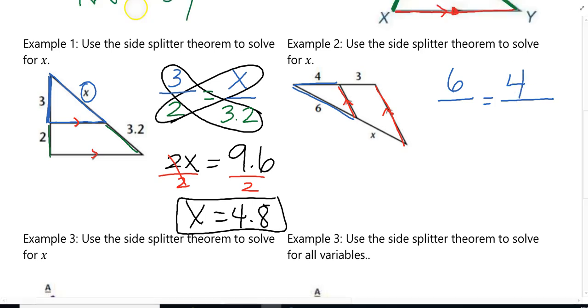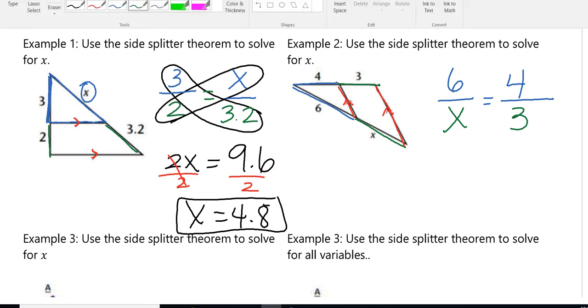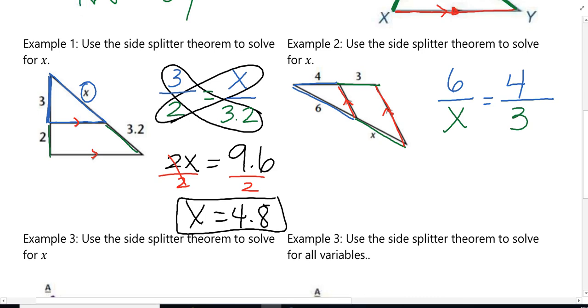Our denominators here, bottom half would be x, and then the bottom half over there would be 3. Again, you can't flip-flop the order. That 6 and that x have to be on the same side of the equal sign, just like that 3 and that 4 have to be on the same side of the equal sign. So you can't mix up the sides.